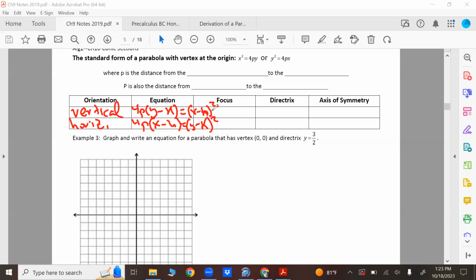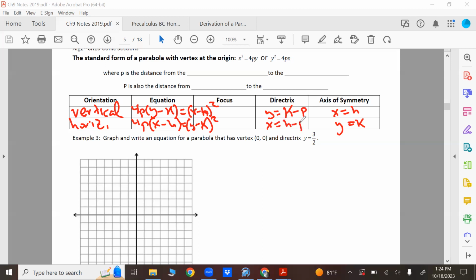The axis of symmetry, because it's going up or down, will be x equals h, and for the horizontal one it will be y equals k. The directrix would be y equals, p away from the vertex, so if it's h, k, it'd be k minus p. Here it would be x equals h minus p.